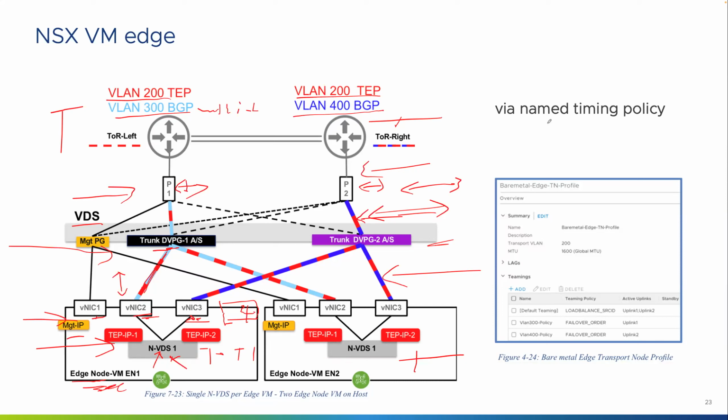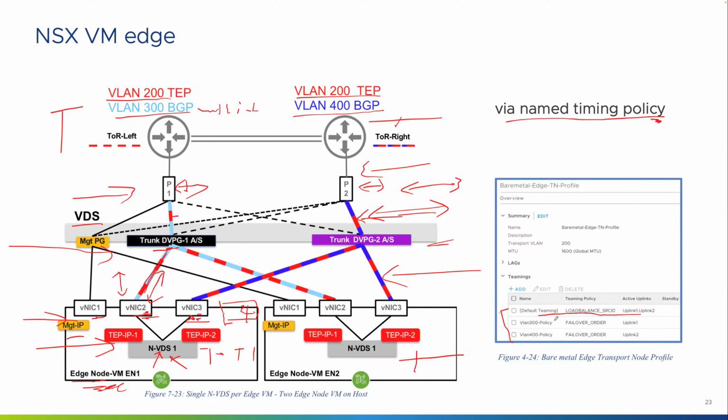As said before, we can leverage the named teaming policy feature to create this kind of correlation. For example, we have overlay, which is load balanced between VNIC 2 and VNIC 3.